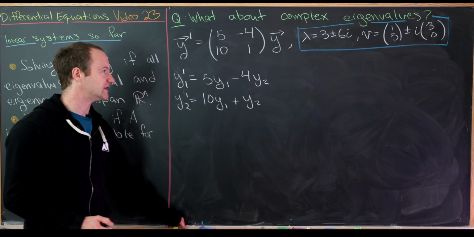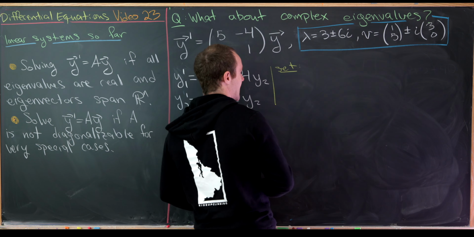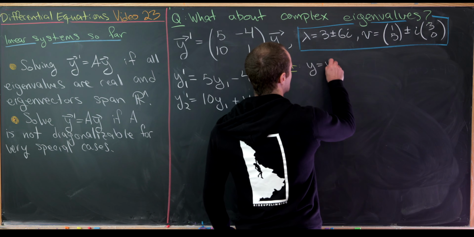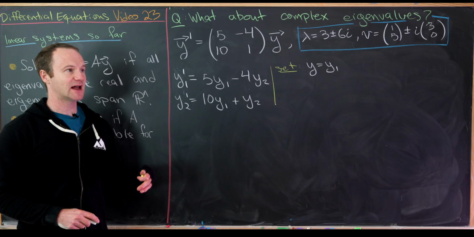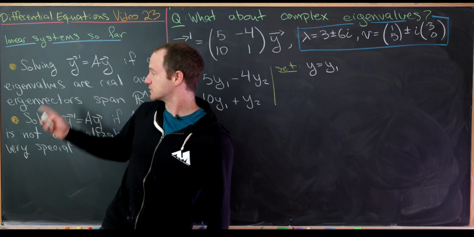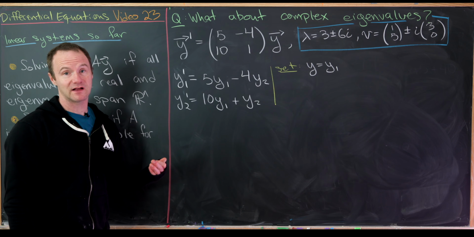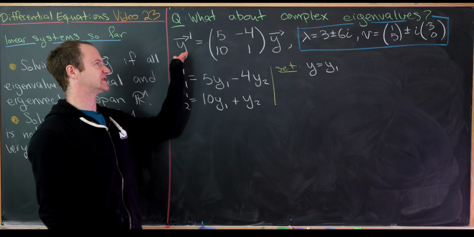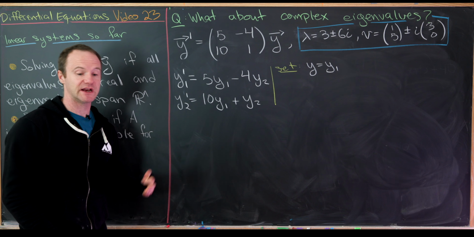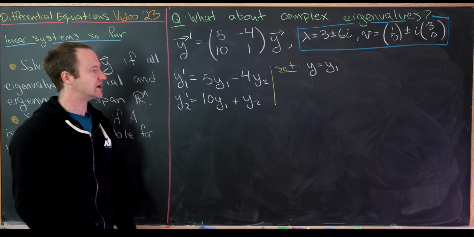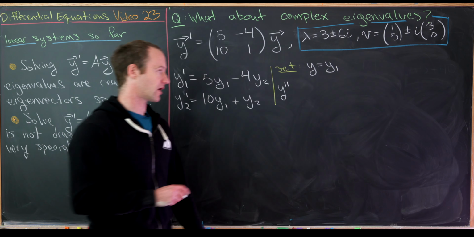And now from here, we'll introduce some notation. So let's set y equal to y1. And if you recall, we've been doing a lot of stuff in these previous two videos where we went over these techniques, talking about the rank order duality for differential equations. So since this is a system of two differential equations, perhaps we can turn it into a second order differential equation. And that means we'd probably like to look at y double prime.